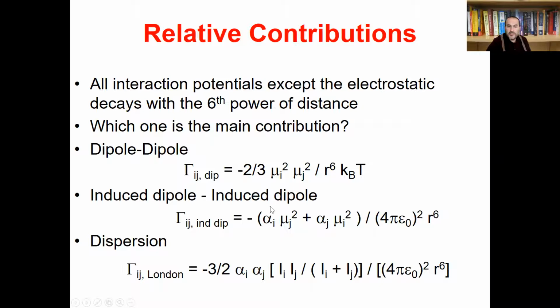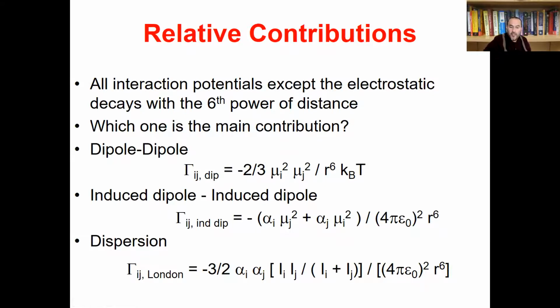In all these equations, except the dipole one, they are independent of temperature. So suppose we assign a temperature, say room temperature, 300 Kelvin. Because they all decay with 1 over r to the 6, we can basically ignore r to the 6 and then compare them.